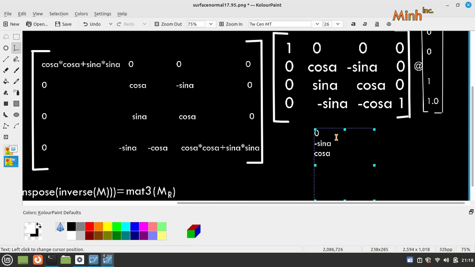If I am right. Next, if I multiply, then it would become minus cos A plus 1. So this is what we are getting: 0 and minus sin A, then cos A, then minus cos A plus 1.